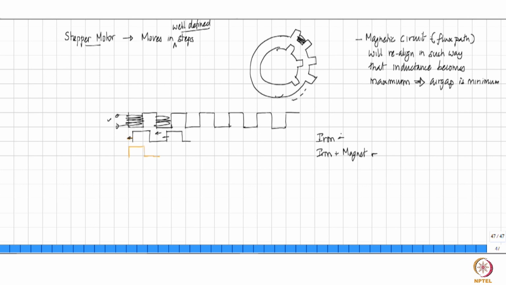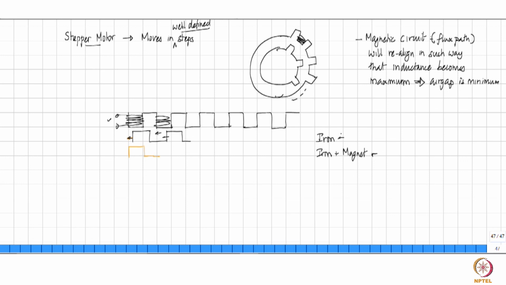Now, an advantage of this kind of machine is also that once it aligns, it is rather difficult to make it unaligned, because you are providing an excitation here and it has aligned, so it will tend to hold, right?